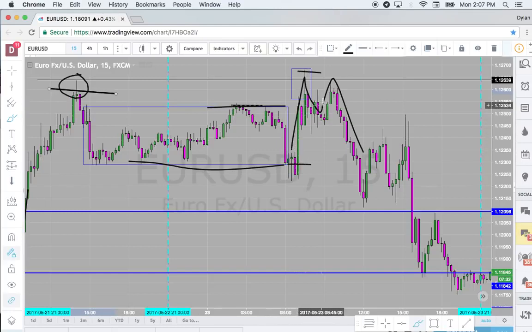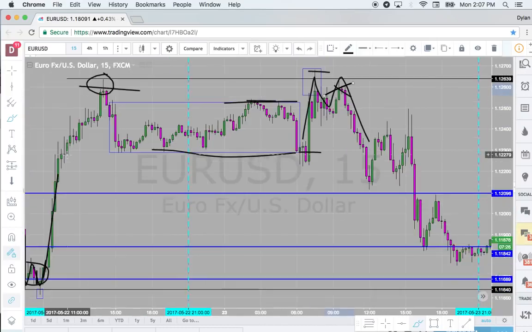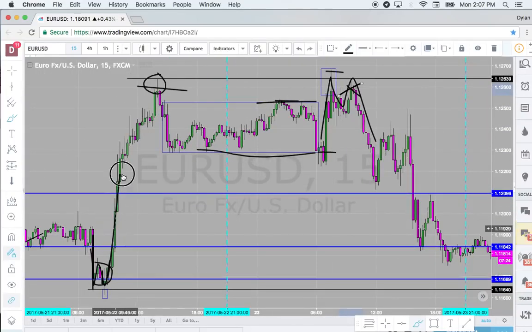You could have just taken this second leg M as a sell, seeing this macro M and this previous structure high, and this M formation at that previous structure high. So the M and W formations only occur at lows and highs. Those are the only ones that are valid.